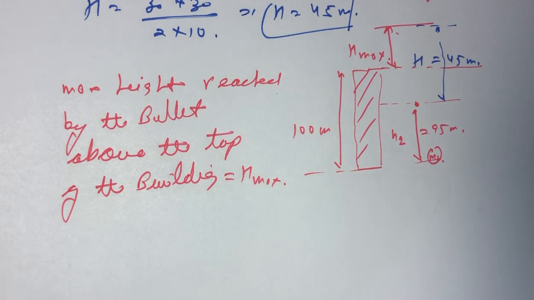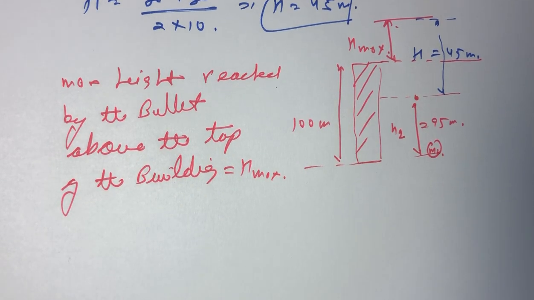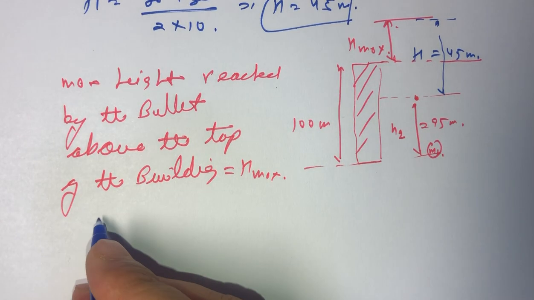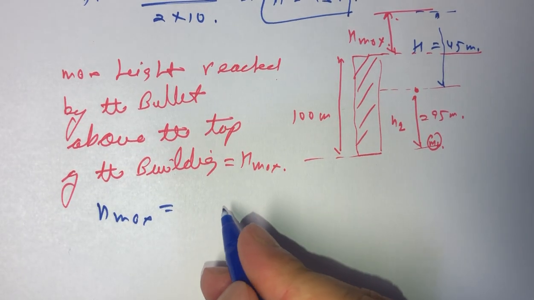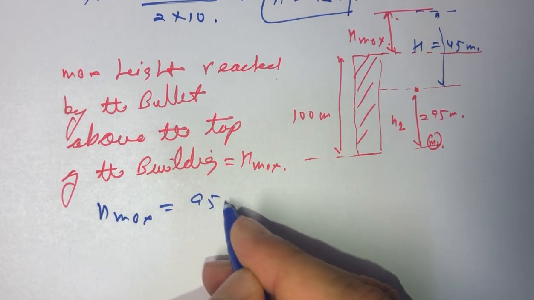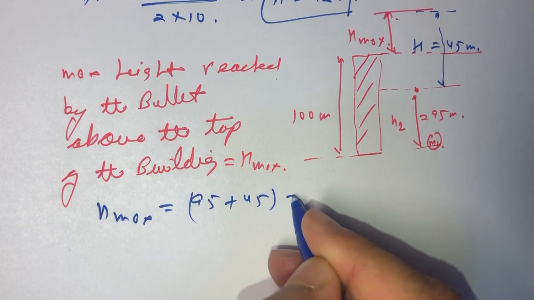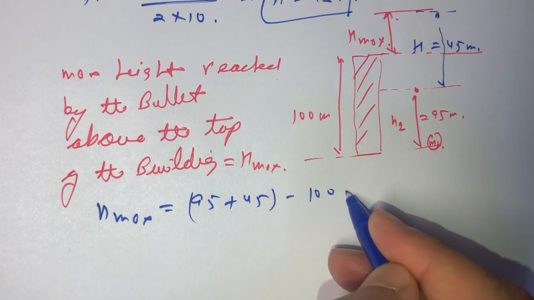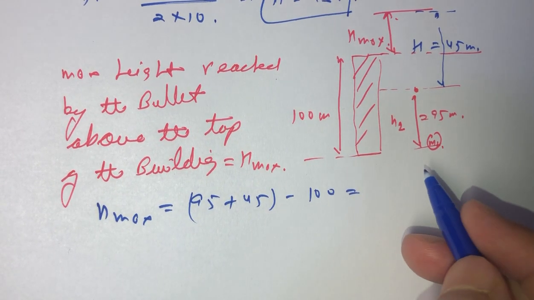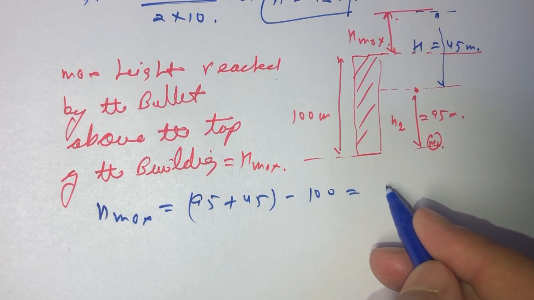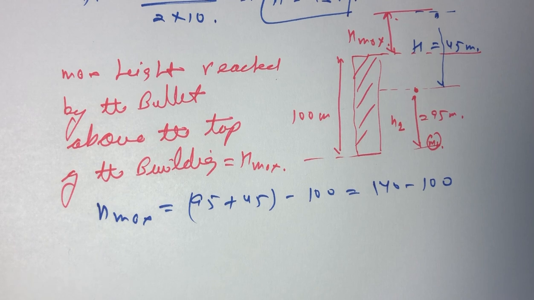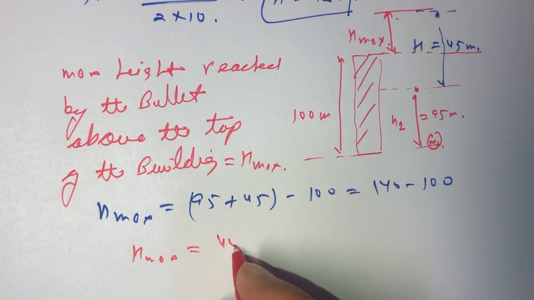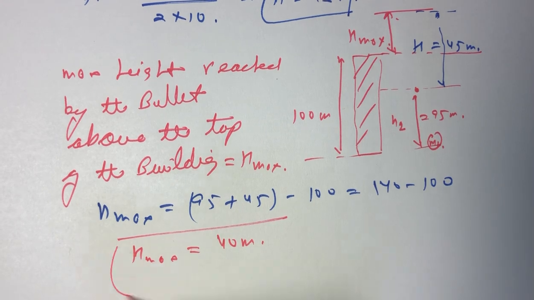So we can say that h max will be equal to 95 plus 45 and minus 100. This comes equal to 140 minus 100. So we get h max is equal to 40 meters.